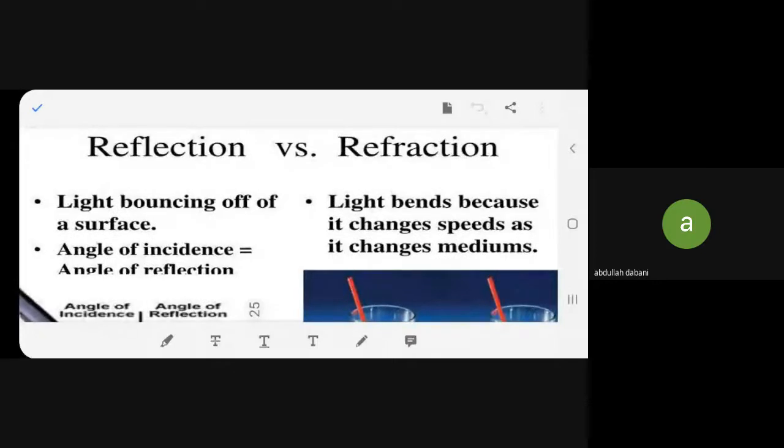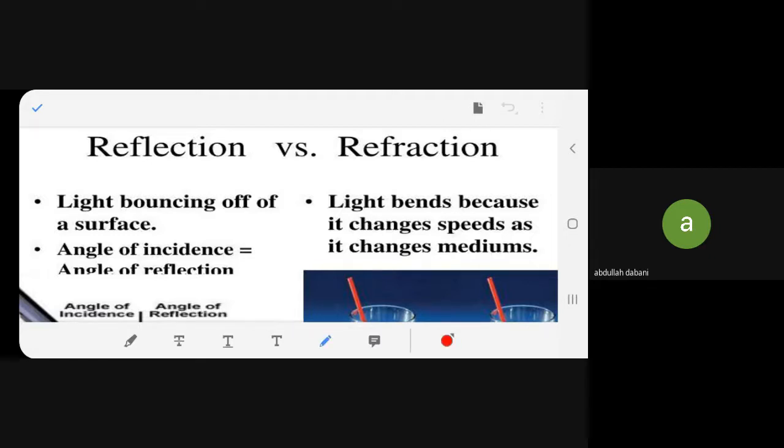Reflection versus refraction. Light bounces off of a surface. Angle of incidence is equal to angle of reflection. Refraction: light bends because it changes speed as it changes mediums. Okay, fine. Thank you.